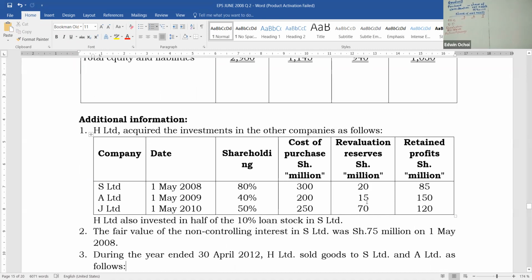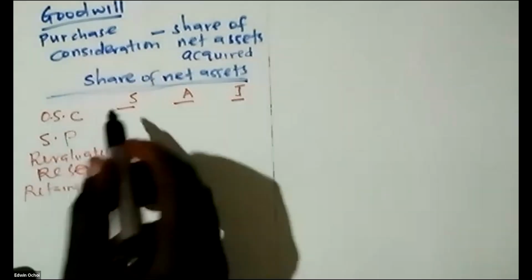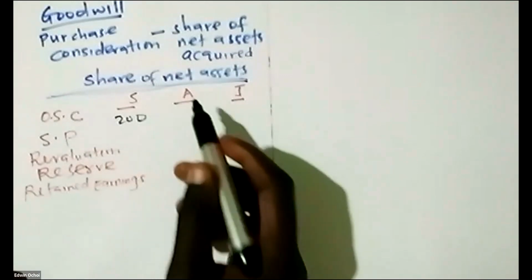So the revaluation reserves is 20, 15, and 70, 85, 150, and 120. So that is what you record as revaluation reserve and retained profit as at the time of acquisition. And that is what you need to know, that when computing goodwill, you have to use the retained earnings and revaluation reserve which were given as at the time that investee companies were acquired. But for the others, this was 200, you just copy direct.